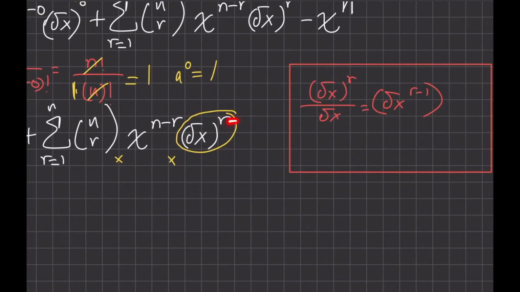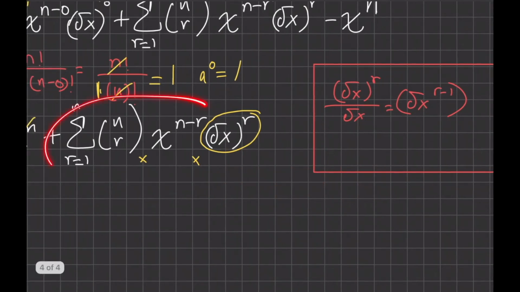The first term of this particular summation would result in dx to the power 1 minus 1, which is equal to dx to the power 0, which is equal to 1. Therefore, for that one particular term, we would be left with this particular expression.